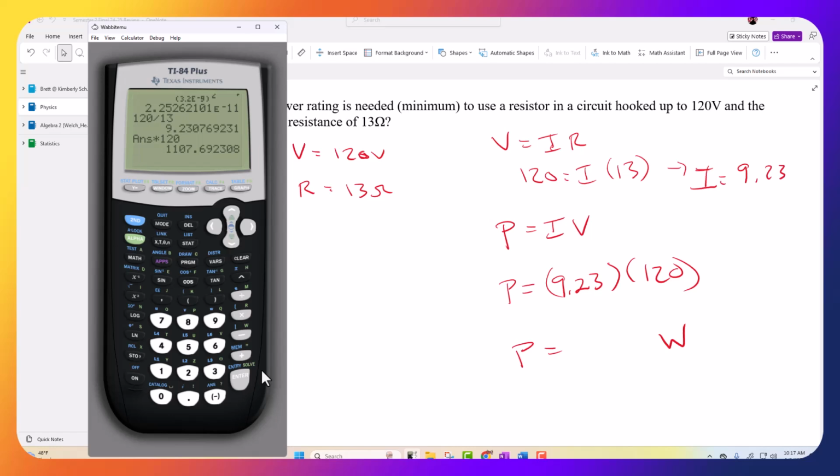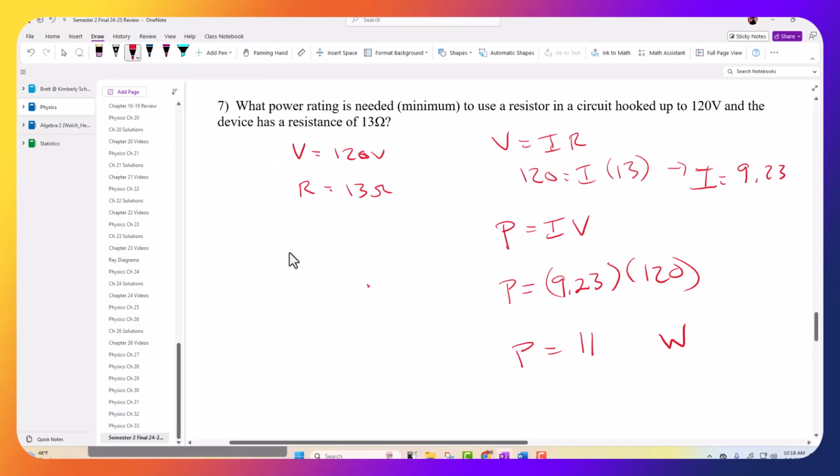Since we're asking for the minimum, I definitely want to make sure I'm not underrating it. If I have it rated at 1107 and we're putting more power in than that, it's going to burn up the resistor or the component. So I'm going to round up to get a higher number, since I need to be above this number. I'm going to call that 1108 or 1110, either way. So 1108 watts.